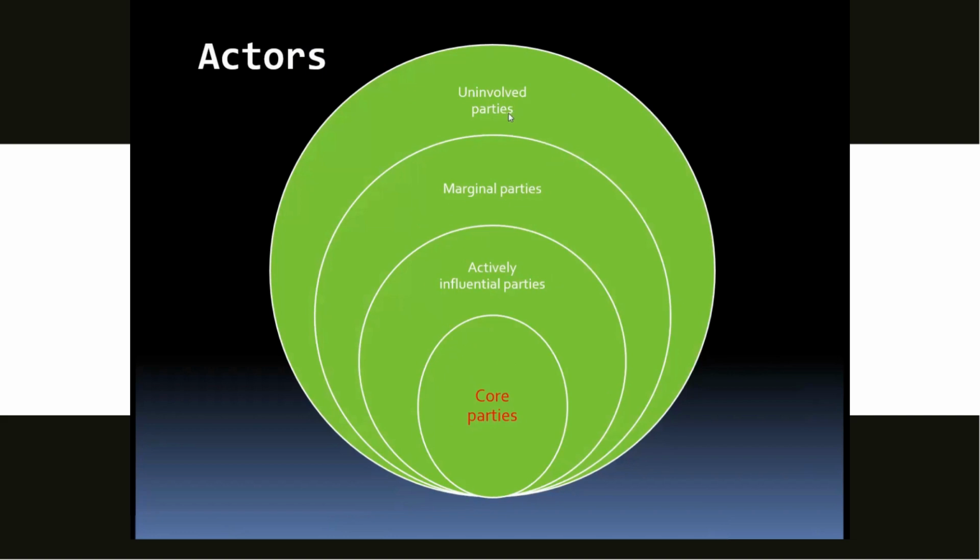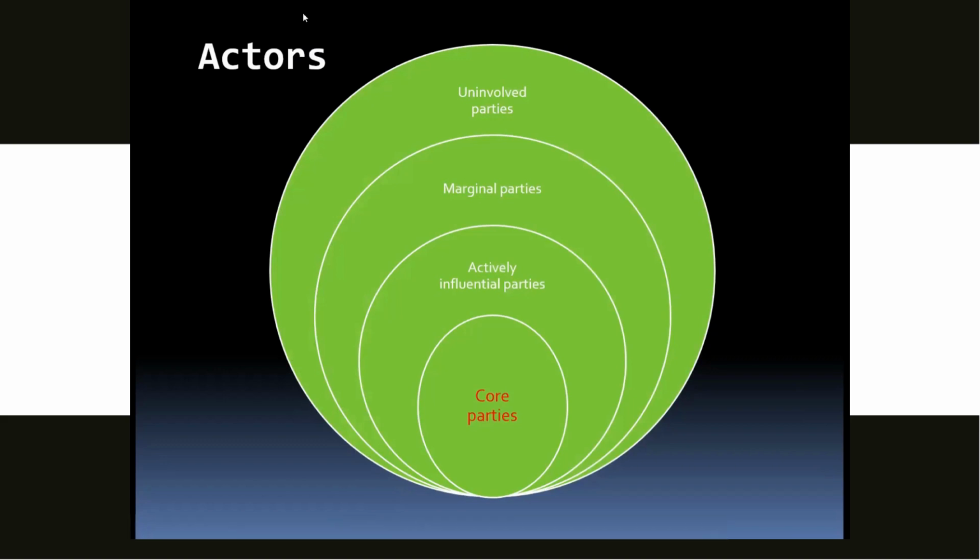So sometimes those uninvolved parties may not appear in conflict mapping, but there may be some influence from an uninvolved party, for instance, economic assistance, providing arms behind the scenes. So we need to carefully study the actors first.